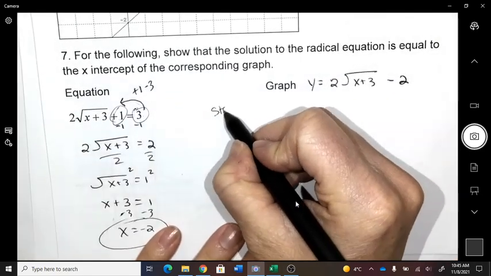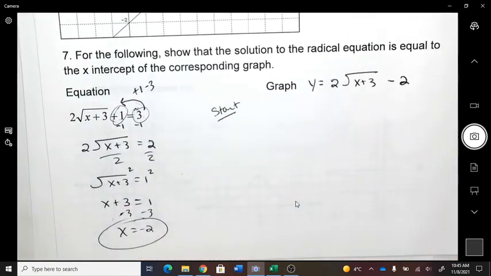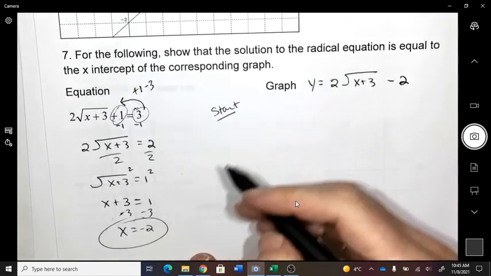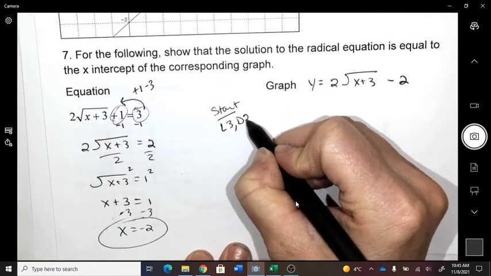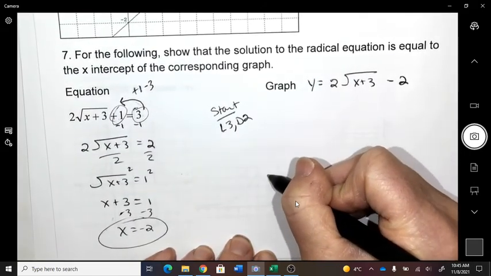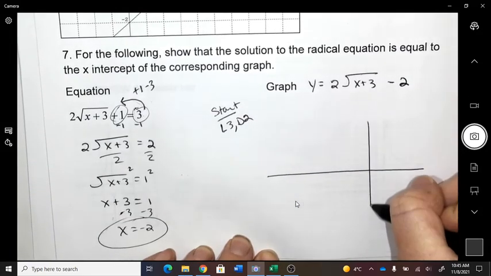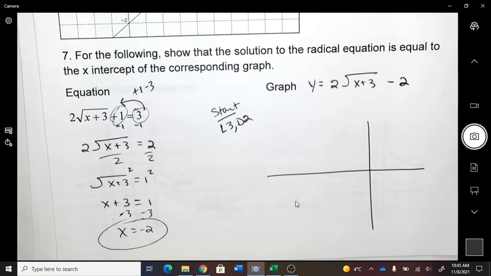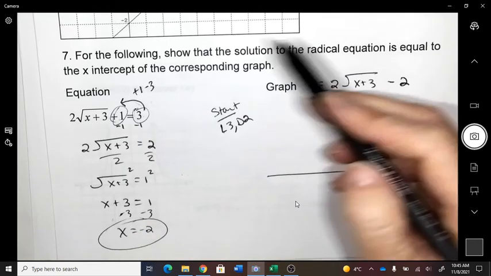Okay, where's your start point on this thing? What's the start point? Left 3, down 2. Wait. I don't get why we wrote this.